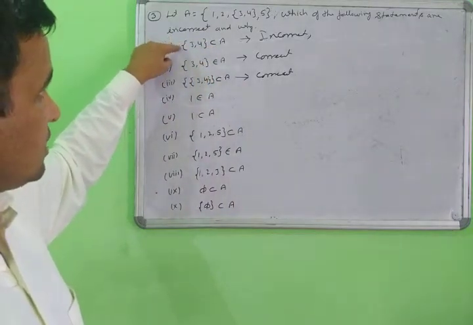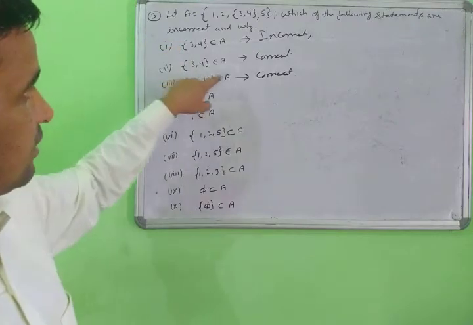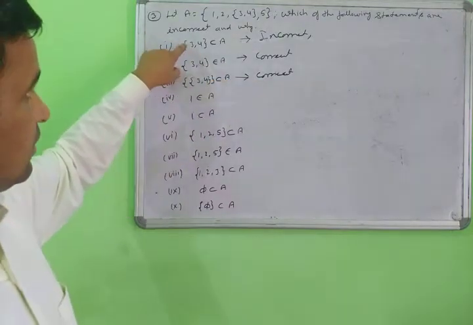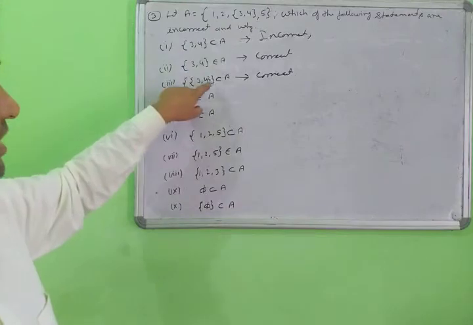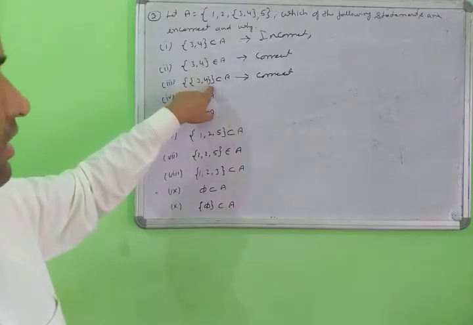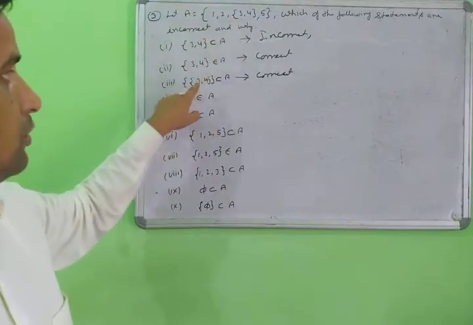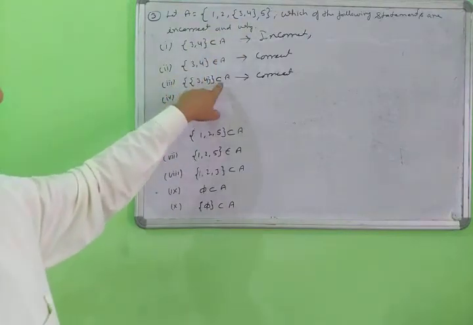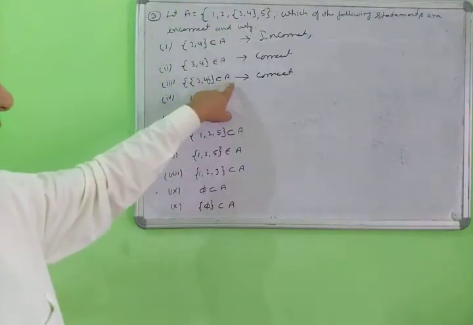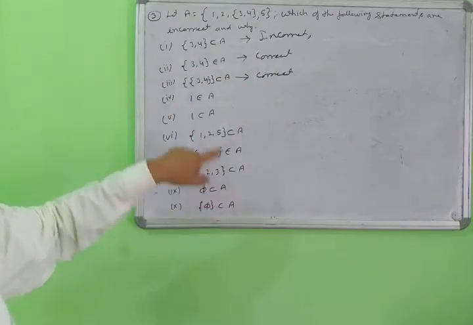If you write this number in this form, then it will be correct: double curly bracket. Because one curly bracket is already in the element, you use one more curly bracket, and then you make your subset. This is the correct form.